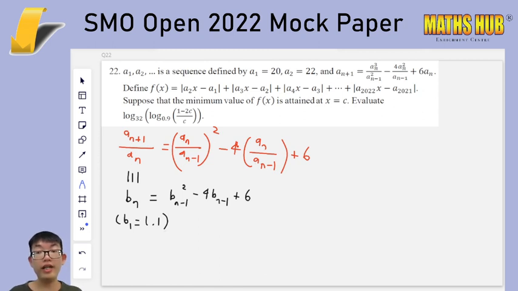Now this doesn't look like it is very convenient if you were to keep on substituting it in, but notice that if we were to complete the square here, you will get bn minus 1 minus 2 squared plus 2. And so it becomes, actually, bn minus 2 equals bn minus 1 minus 2 squared.